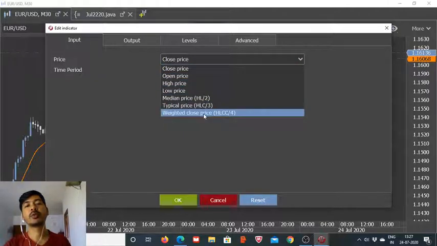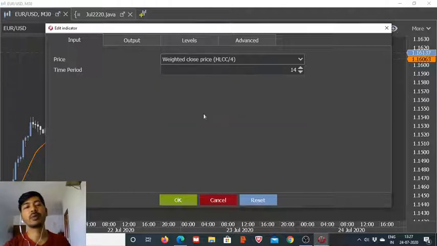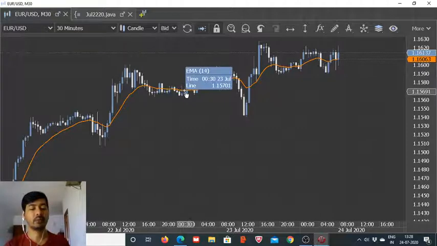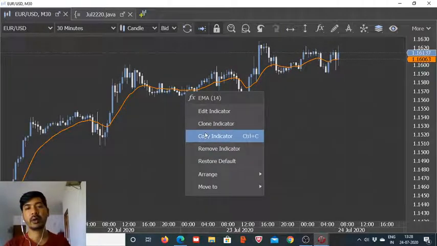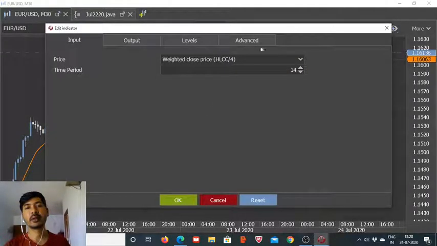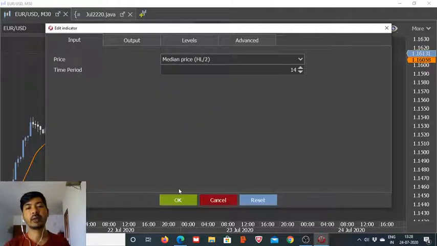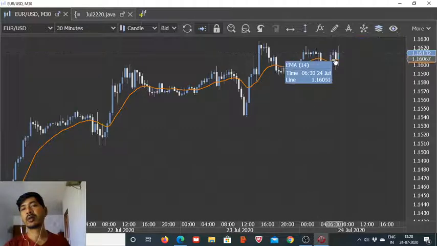If you want to use weighted close price, HLCC divided by 4, then you can apply that, and your output value will be different, a tad different, not much different, but still a difference is a difference. So here again, let us change this to say median price. It will again change here. Mark these differences between the output values.